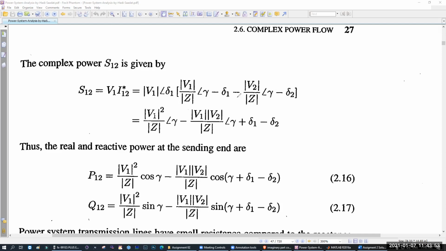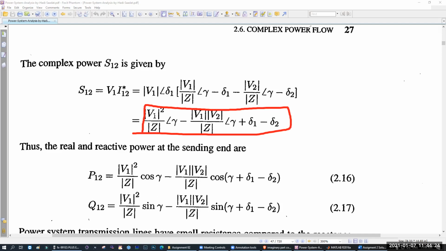So if we multiply, what will happen? This V1, this V1, this will be V1 square over Z, with angle gamma minus delta 1 plus delta 1, so delta 1 will be gone. Minus V1 into V2 divided by Z, with angle gamma minus delta 2 plus delta 1. If you just multiply, you will find this. This is very easy. If you do not find it easy, do it by yourself.